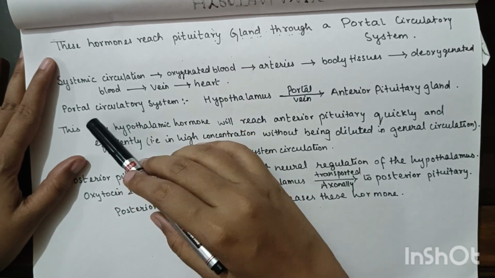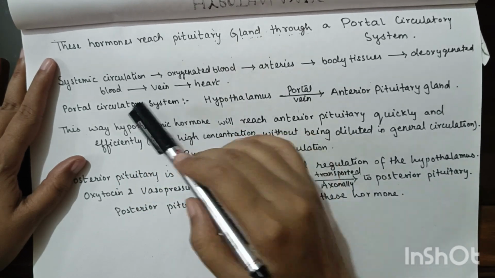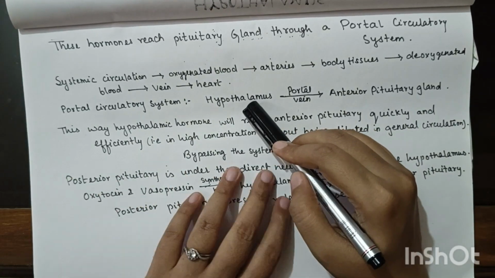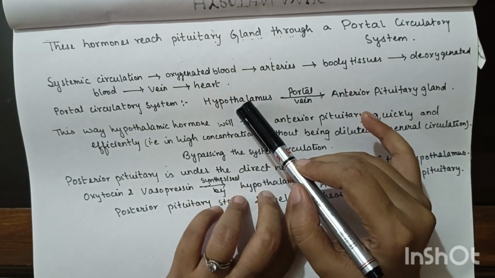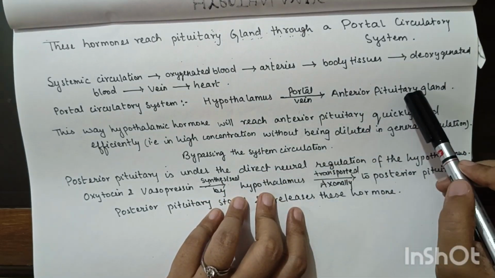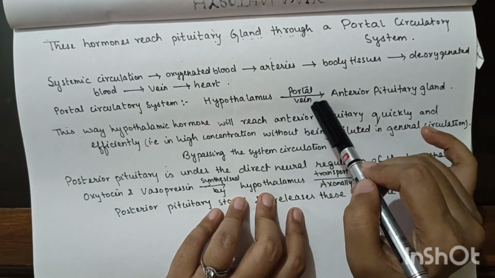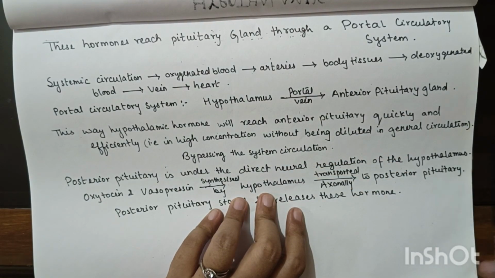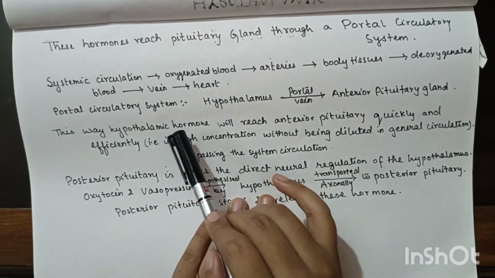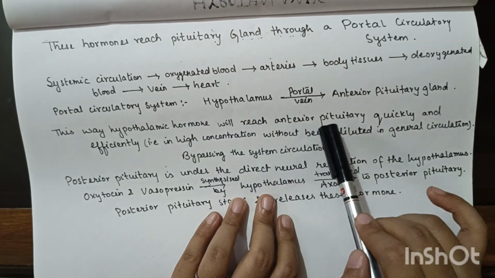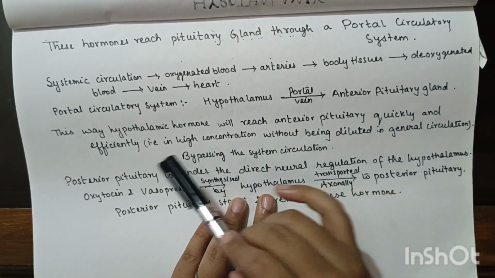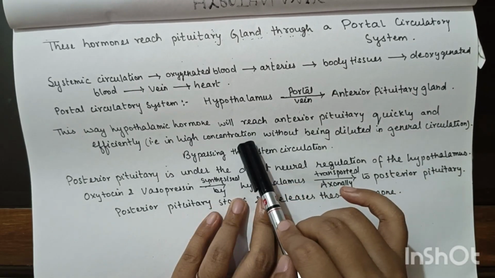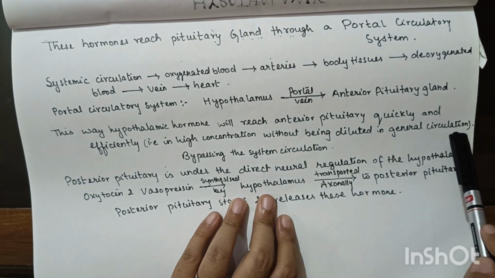But in the portal circulatory system, the hormones will go directly from the hypothalamus to the anterior pituitary through a portal vein without being diluted in the systemic circulation. Okay, this way the hypothalamic hormone will reach anterior pituitary quickly and efficiently, that is in high concentration, without being diluted in general circulation.